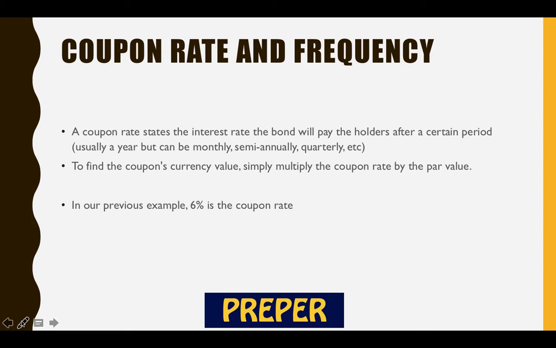If there are two companies, let's say A and B, and they come up with a bond in the market at the same time for the same maturity, one at 6% and the other at 8%, people would perceive that the bond with the 8% coupon rate is slightly riskier, right? So maybe the credit rating is not so great, or there are other factors which are affecting the coupon rate.